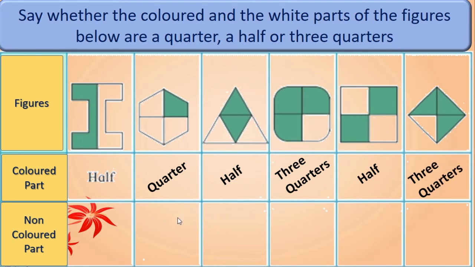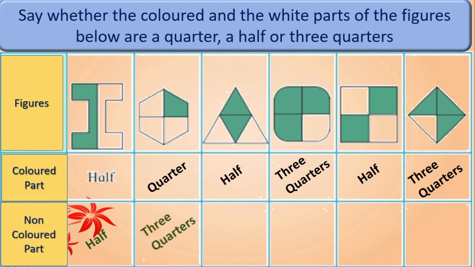Very good. Now here non-colored part. See here, non-colored part we have to observe. You have to ignore this colored part. Here see only 2. Out of that 1 is non-colored. So half. Here 3 non-colored parts we can see in this figure. So that is 3/4.